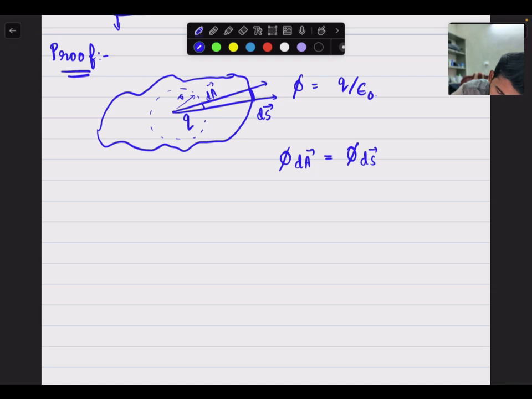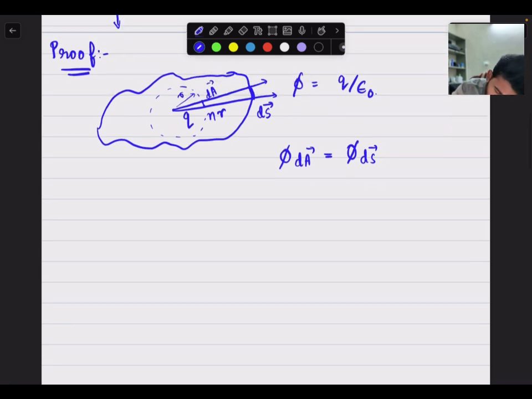if we take that this dS bar is at a distance nr from q, so we can see that this dS bar's perpendicular component would be forming a cone with q.